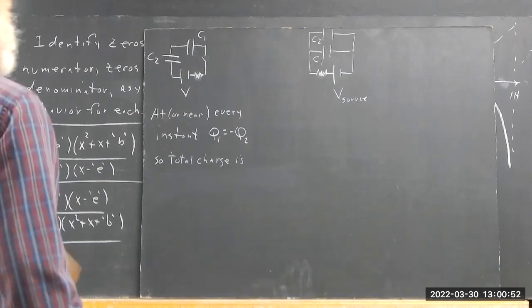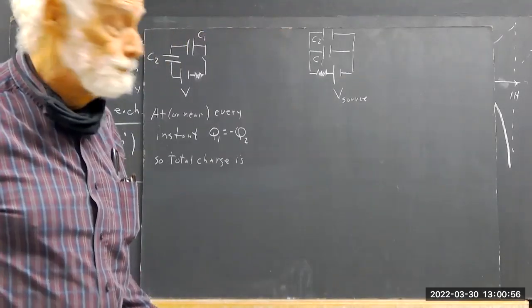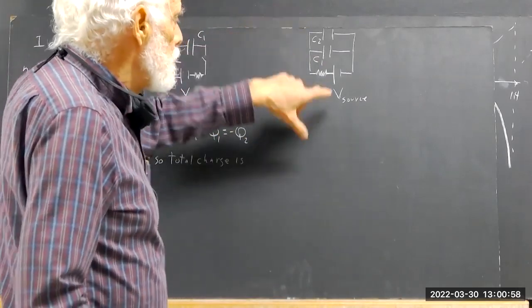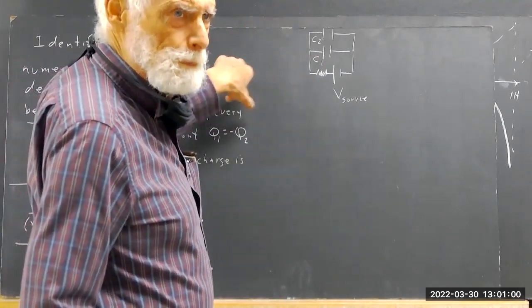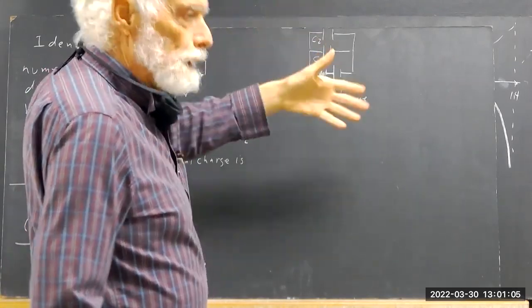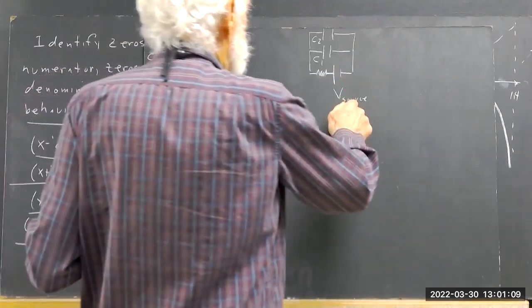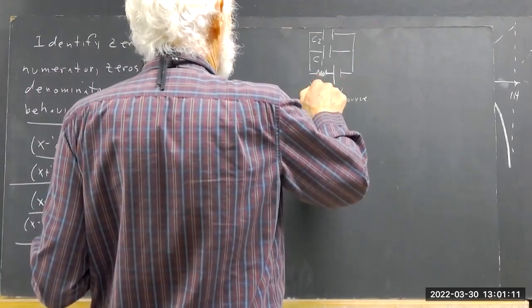I'm going to come back to this because this is easier to understand. I should have started with this. It was kind of a bonehead thing. I started with this one because I was running into stuff. Okay, so we've got voltage across the source, we've got a voltage across the resistor.